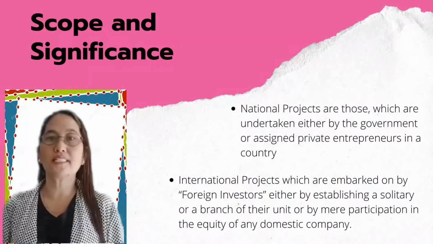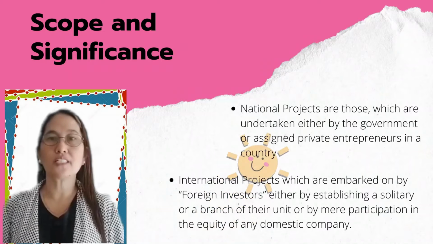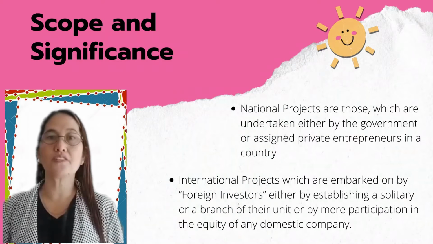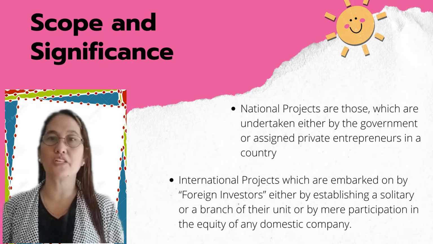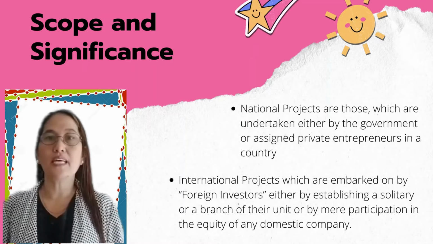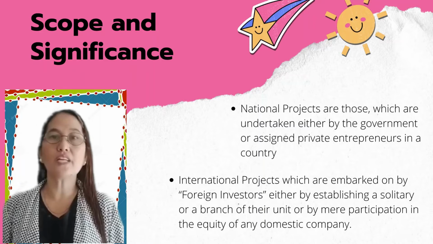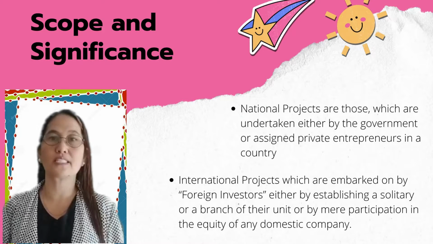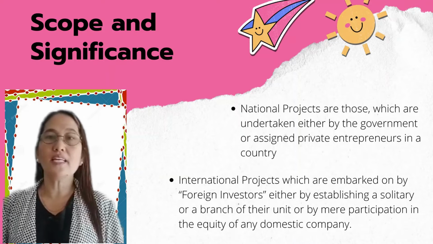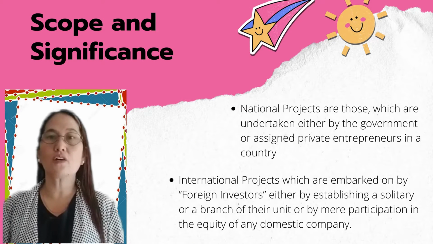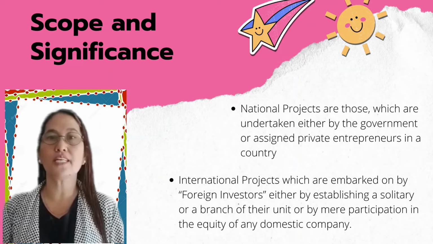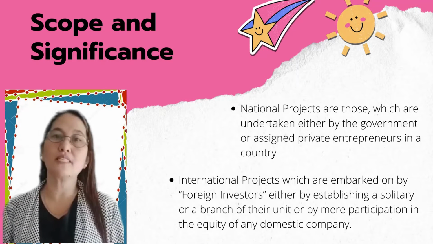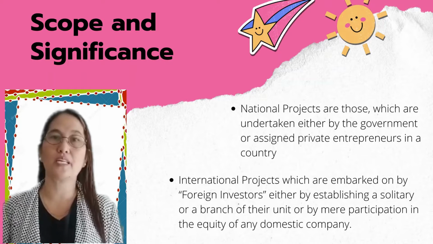Under the scope and significance, projects are generally classified on the basis of coverage and magnitude of the operation. It can be national or international, depending on which will be the funding source. National projects are those undertaken either by the government or assigned private entrepreneurs in the country.